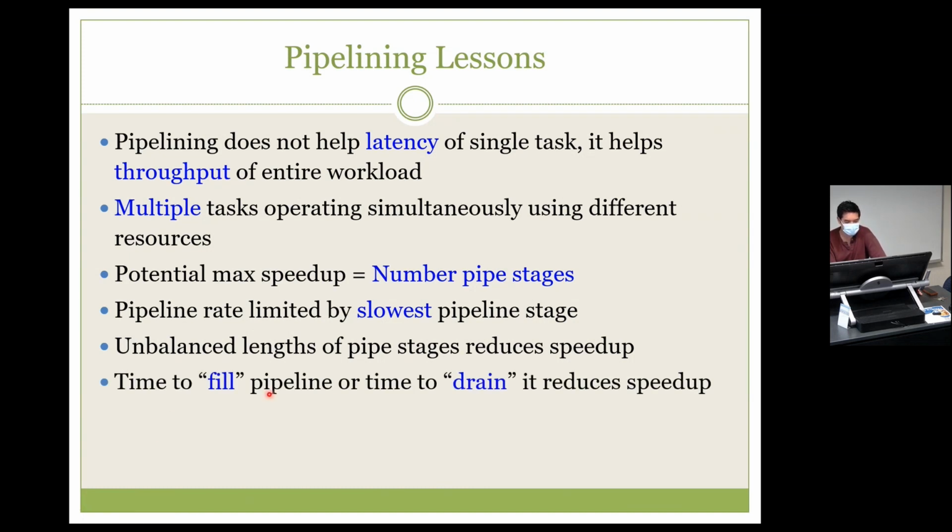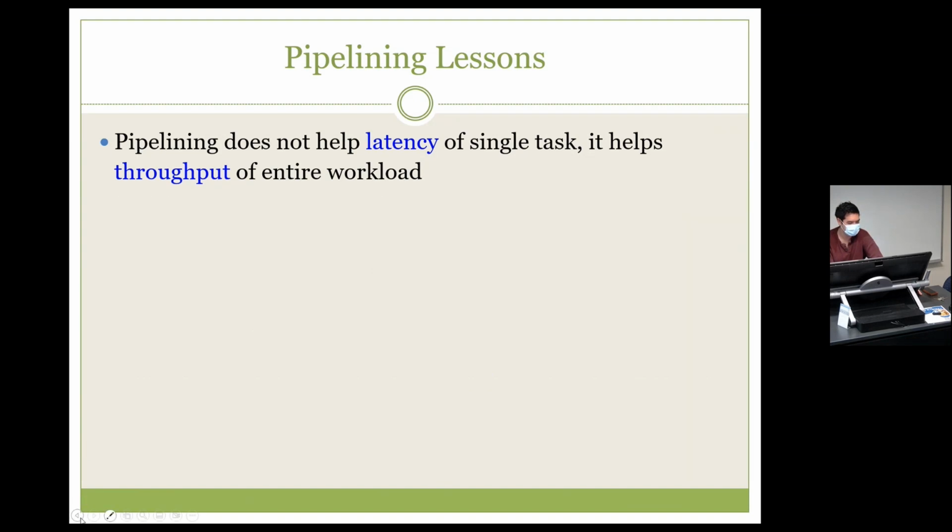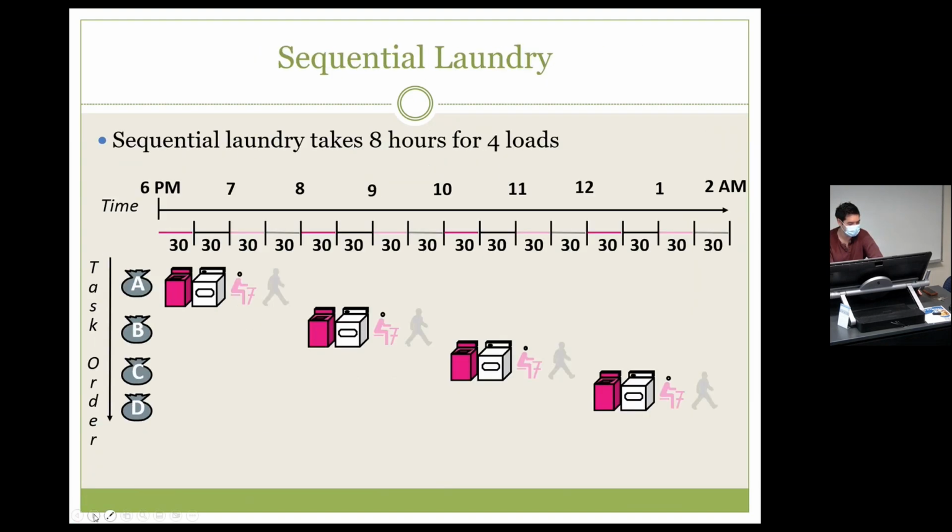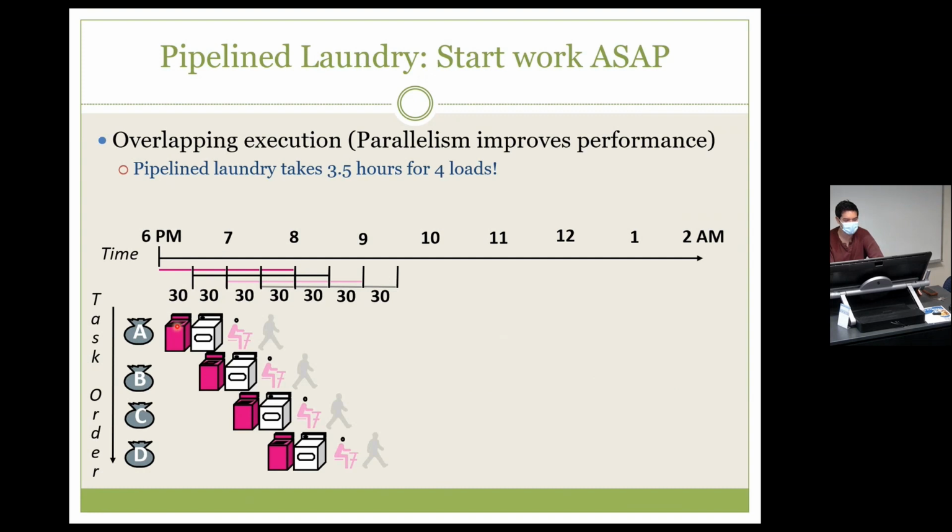It also takes some time to fill the pipeline and some time to drain it. Filling it is when we're first starting, like here. We are only using the washer first, but after we reach the beginning of the fourth load, our pipeline is full. So it takes some time to fill it up to reach peak throughput. It also takes some time to empty it at the end of the task.